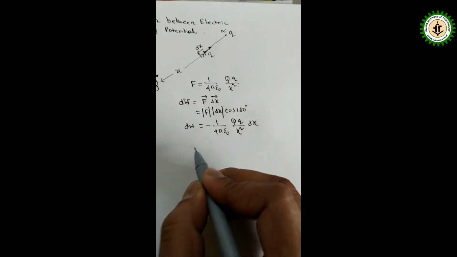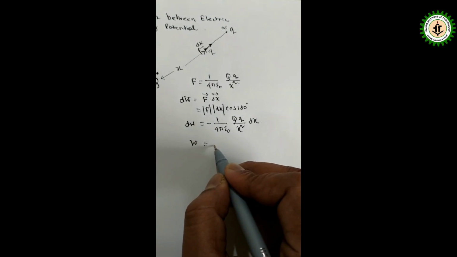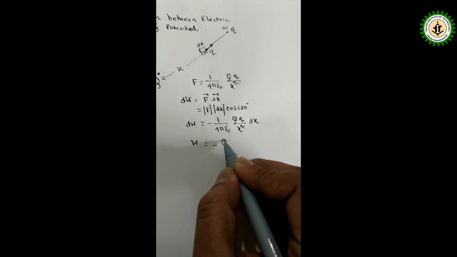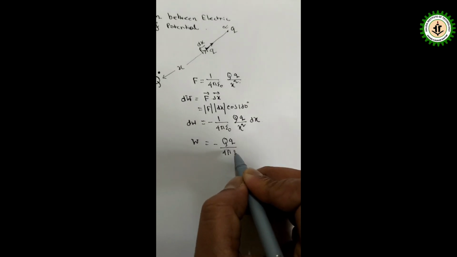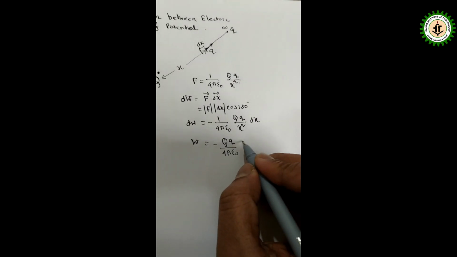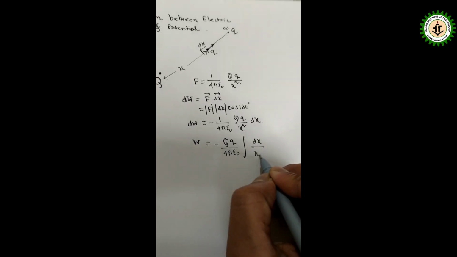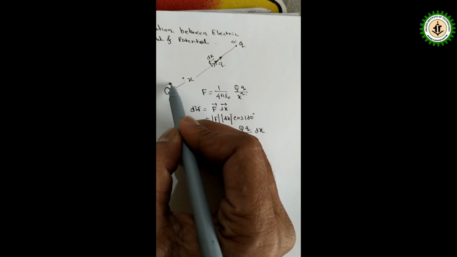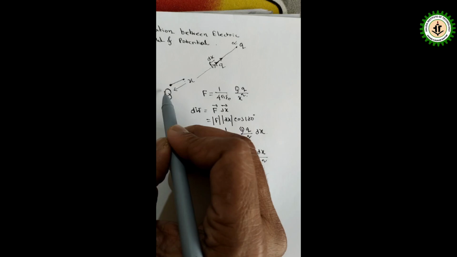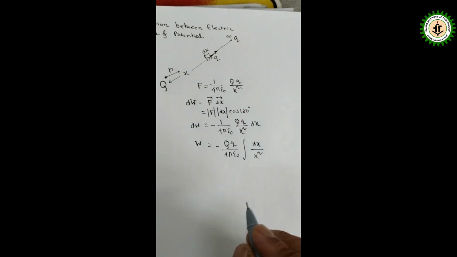That is dW. So the total work done equals minus capital Q small q by 4 pi epsilon naught, integration of dx by x square. Now if I imagine finally the charge will be placed over here, and at that time the distance between capital Q and that charge equals small r.